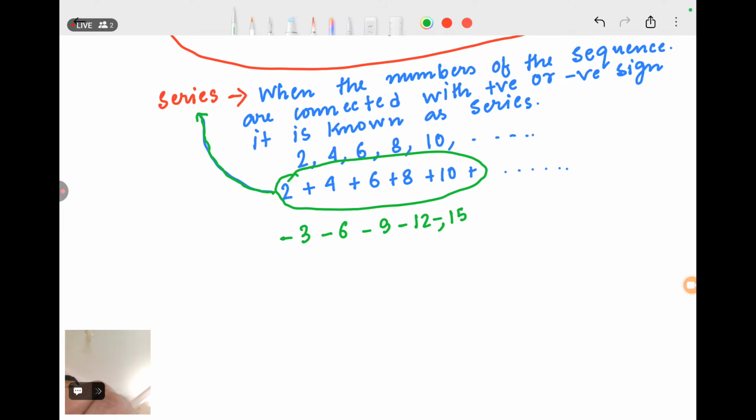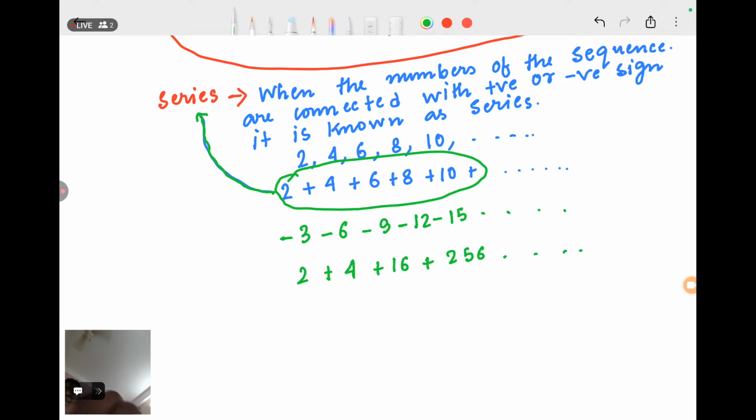I have connected this sequence with a negative sign. Another example can be 2, 4, 16, 256 and so on. These are all examples of series. So what is a series? When you connect the sequence with a positive or negative sign, it is known as series.